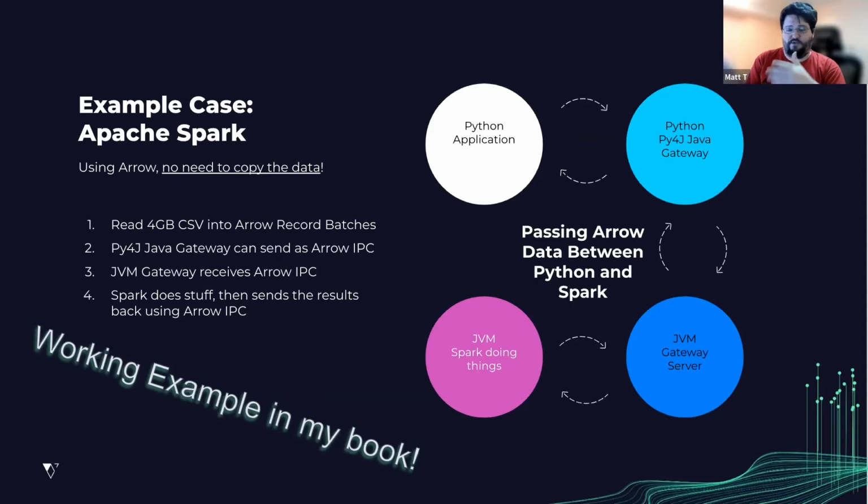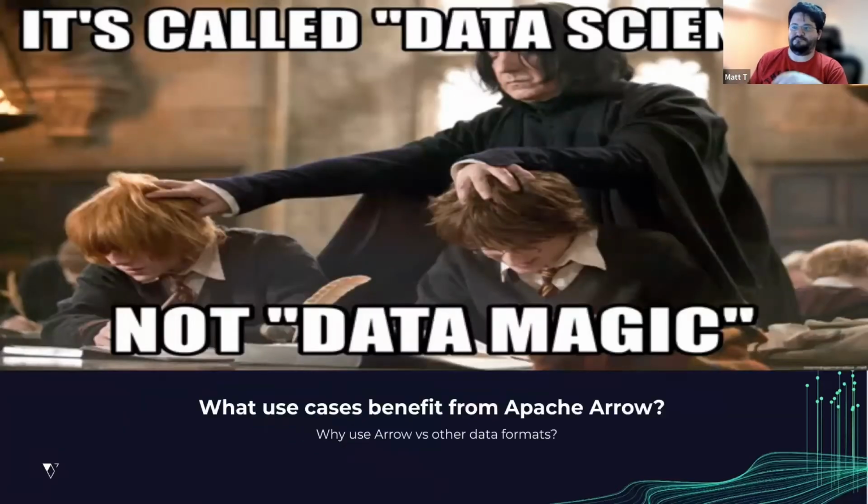Java then uses that. Spark then manipulates, does whatever it wants, creates what it generates, and then sends it back. Same idea. The memory it has can be just passed as a pointer over to Python, which can then interpret the bytes as they currently exist. No copy needed.